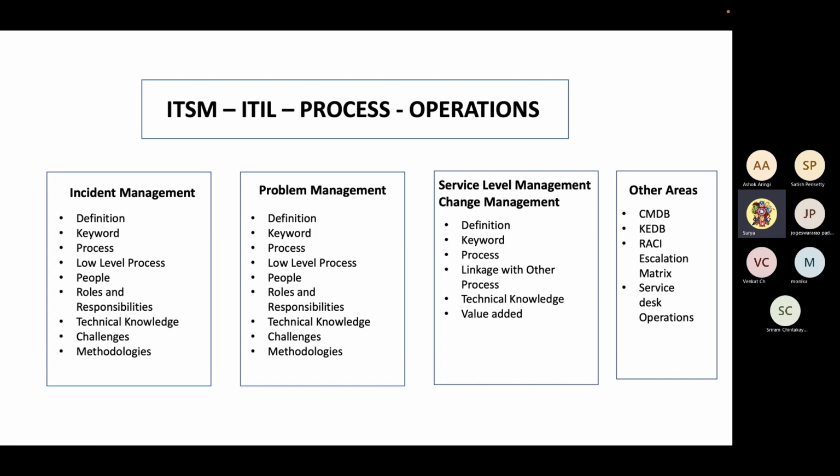When I am saying process, it means high level process flow, then low level process flow. What is the difference between high level process flow and low level process flow? High level process flow means when you are seeing incident management from a far distance or from a wider scope. And low level process means it is digging deeper into the incident management, each and every corner, what they are doing in incident management.